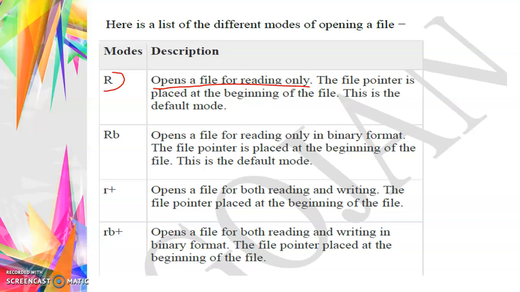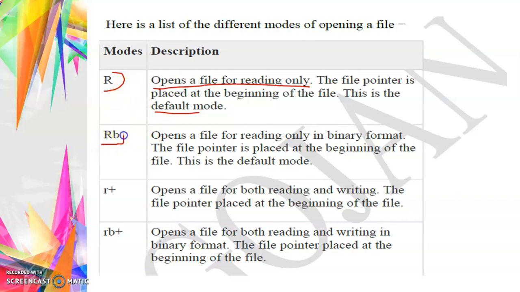The file pointer is placed at the beginning of the file. This is the default mode. One of the parameters in the open function is the access mode. If you use the R mode, only reading operations are performed on the file. That's why we use the R mode.